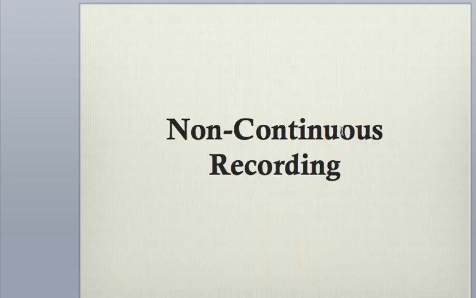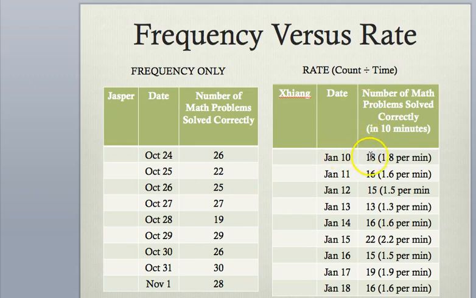Now I know that he completed 18, 16, 15, 13, 16, 22, 15, 19, and 16, but I can divide each of those by 10 and get how many problems per minute he's solving. And now these can be compared to each other because we know that the rate holds constant the amount of time. So you can see that rate measures provide more information than frequency measures.